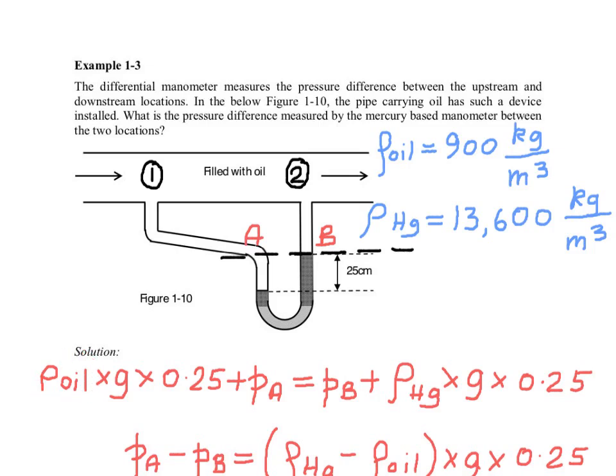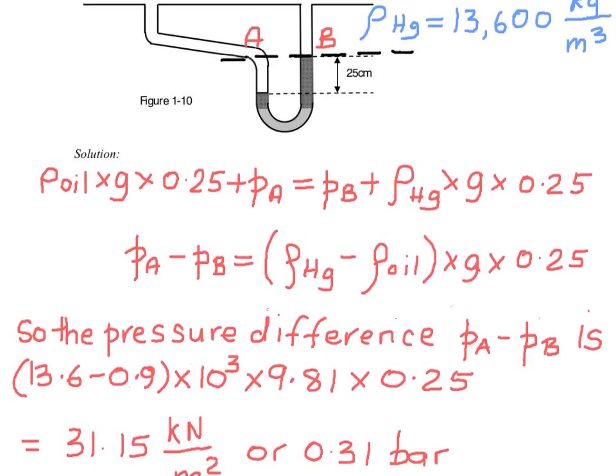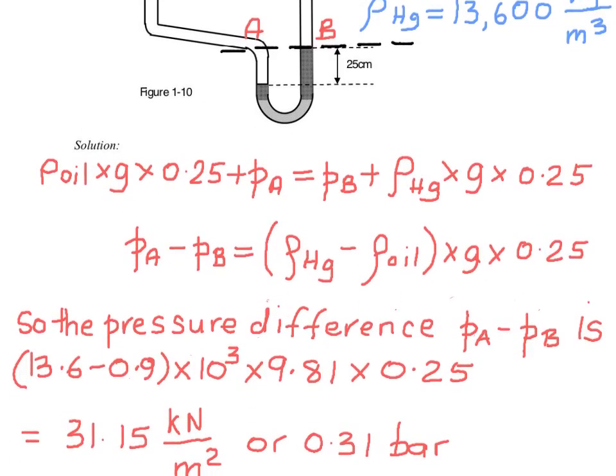What we now do is we will evaluate this, simplify, and as you can see in the next line, we have grouped the pressure difference between A and B is the difference in the density between mercury and oil times G times 0.25.